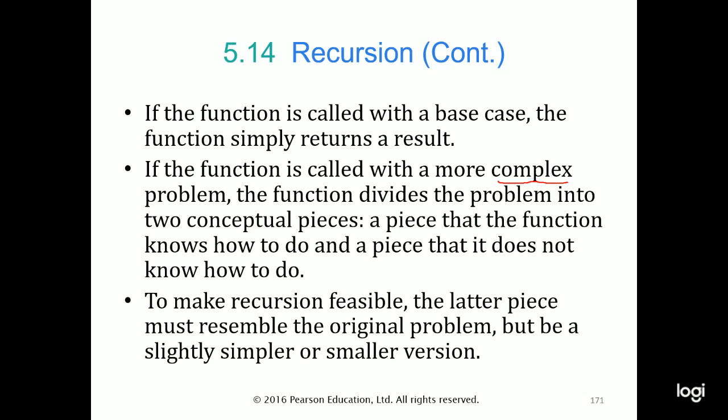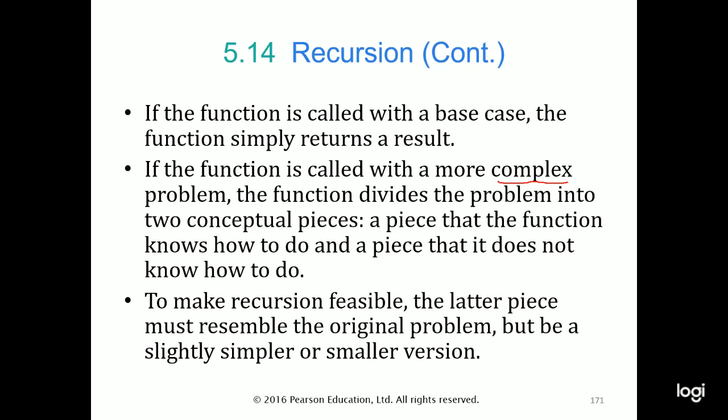So you have a complex problem, you break it down into a more complex part and a simple part. The simple part you do right away, and then the more complex part you do in the next call of the function. This breakdown needs to be done in a manner so it resembles the original problem, but you break it down into a slightly simpler version.